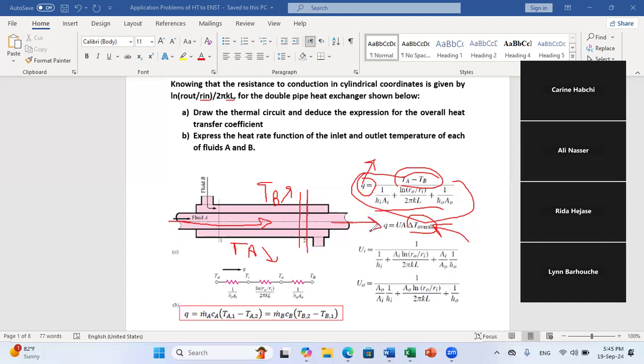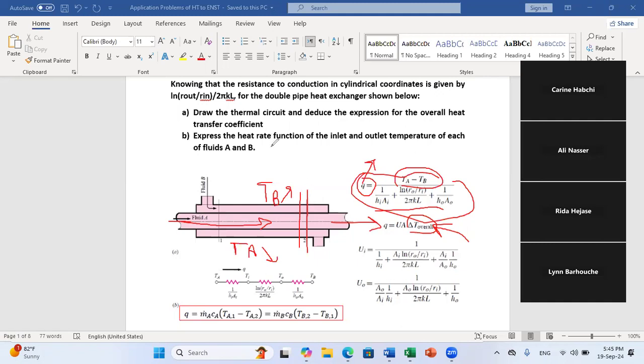Because if you remember when we discussed several types of heat, we said we can work with sensible heat, we can work with latent heat. Whenever we have change of phase, we talk about heat transfer through latent form. However, here in this heat exchanger, heat is transferred by sensible form. You have variation in temperature.